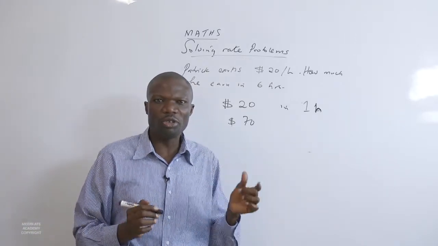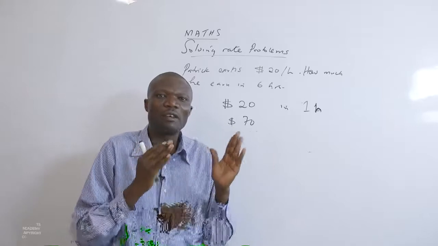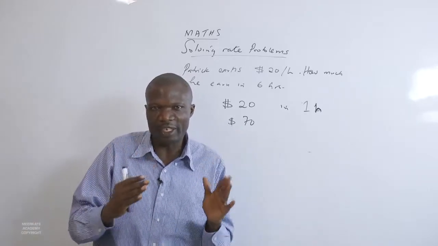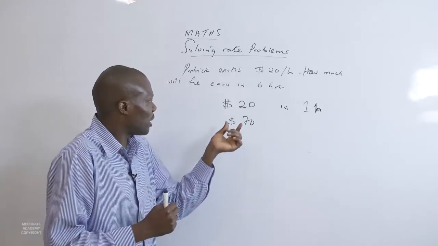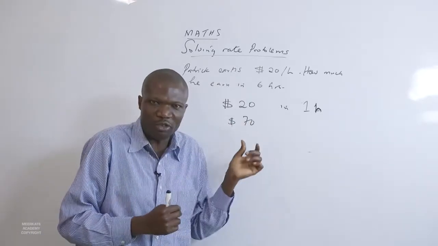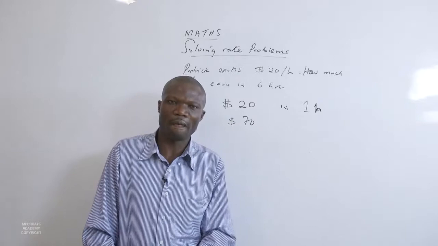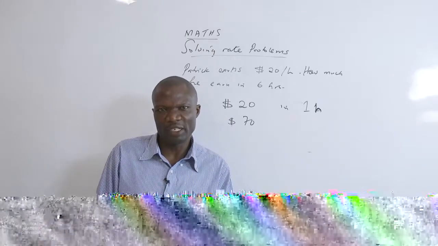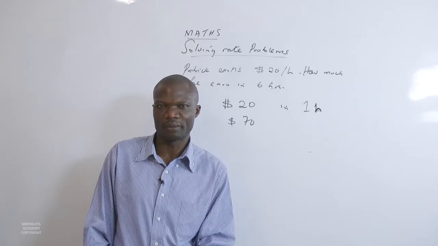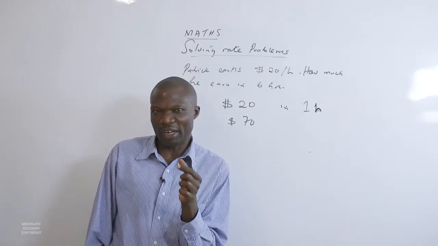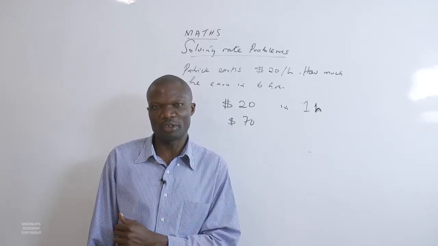Change, as I told you, whatever happens in the first quantity, the same must happen in the second quantity. What happened for us to get the figure of 70 from 20? Did we multiply? Did we divide? What happened? For us to arrive there, it is very simple.